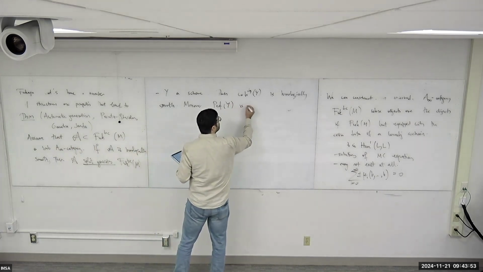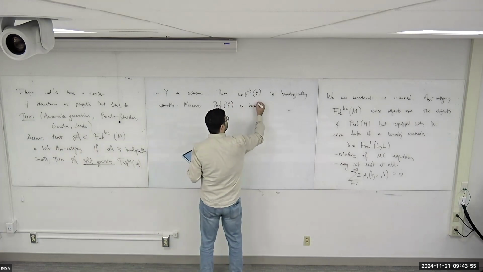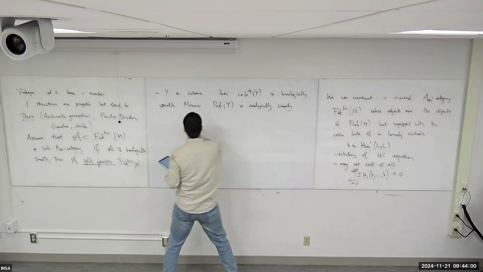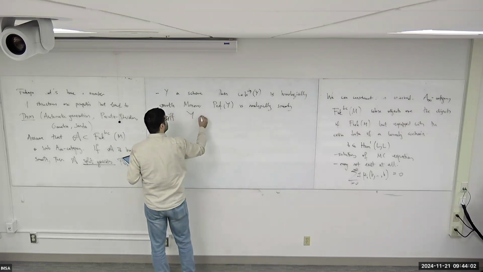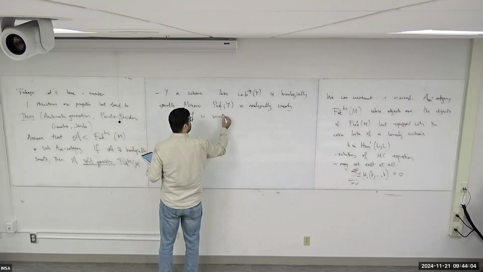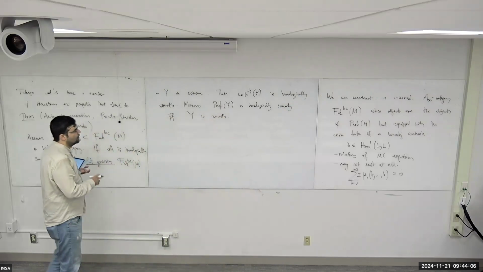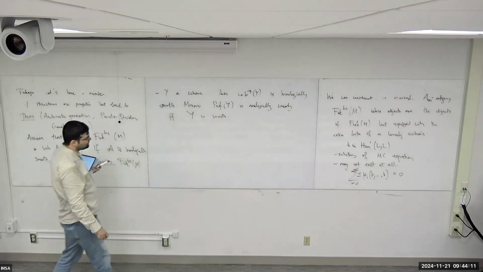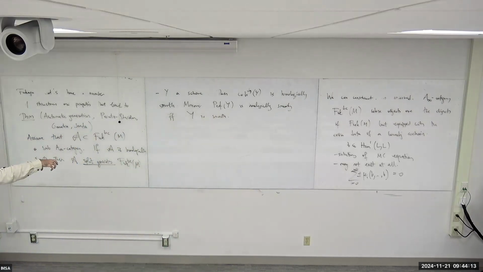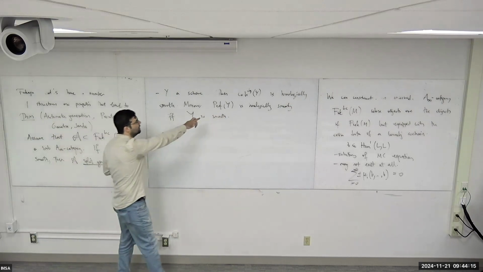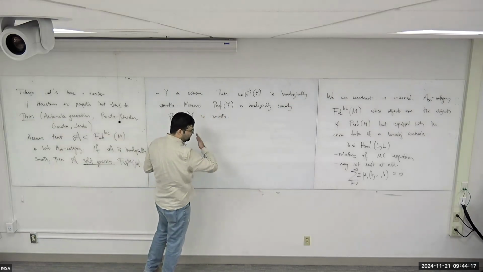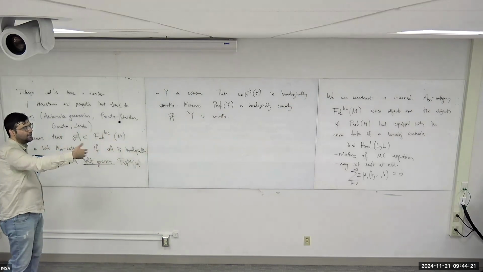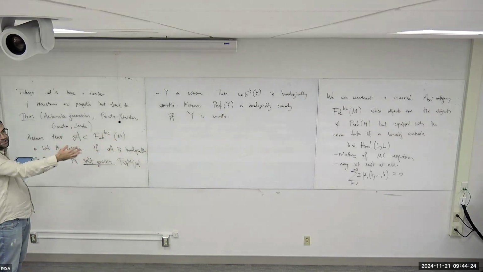First, Y is homologically smooth if and only if Y is smooth. So these are the sheaves which, Zariski locally, just have finite resolutions by free sheaves.